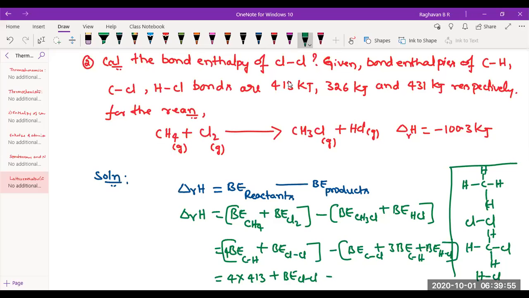Second one 326 minus, I have opened the bracket, and C-H bond again 3 times 413 minus bond enthalpy of HCl is 431, and they have given enthalpy of reaction minus 100.3.